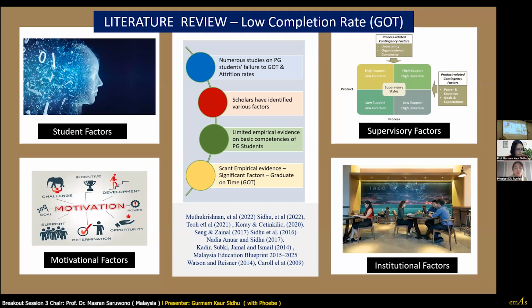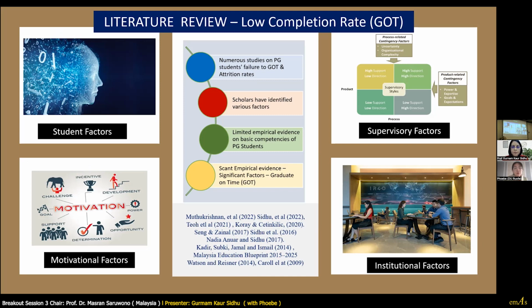Student factors include students' readiness for postgraduate study, including competencies in reading, academic writing, digital literacy, and advanced research skills, whilst motivational factors include both an individual's or community's beliefs, values, and attitudes that may inhibit a student's participation. Next, supervisory factors include aspects such as supervisory practices, their roles, and competency. Finally, institutional factors include the processes, the procedures, the structures, and the politics within an institution.